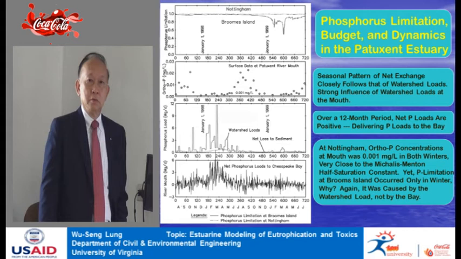Similar at the outside of the river, at the mouth. Between that and the earlier rationale here, that limitation occurred only in winter of 1999 is due to the watershed load, because the watershed here mimics these two.